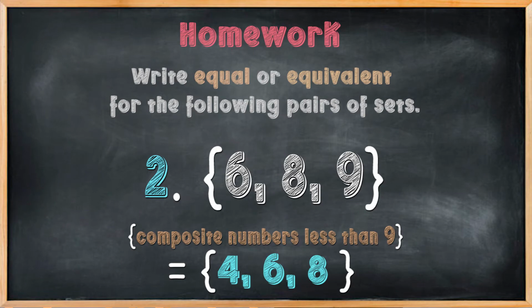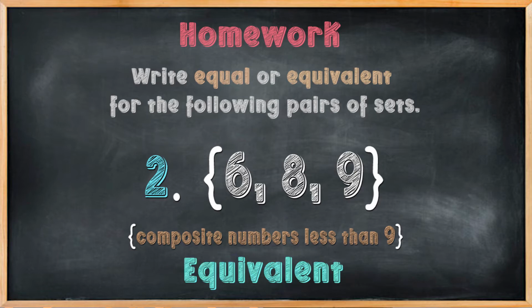So the numbers with more than 2 factors that are less than 9 are 4, 6, and 8. Now, 3 members. So would number 2 be equal or equivalent? If you said equivalent, you are correct.